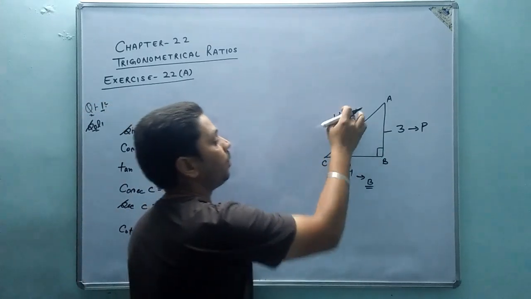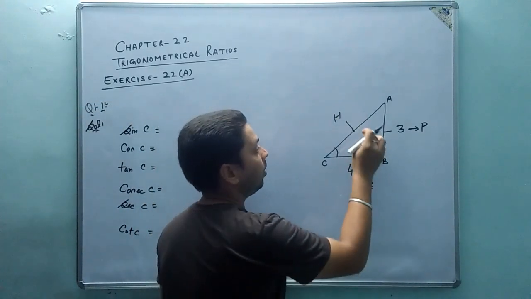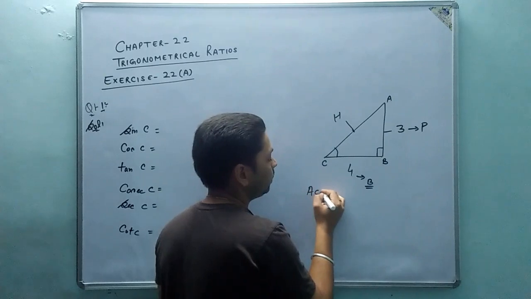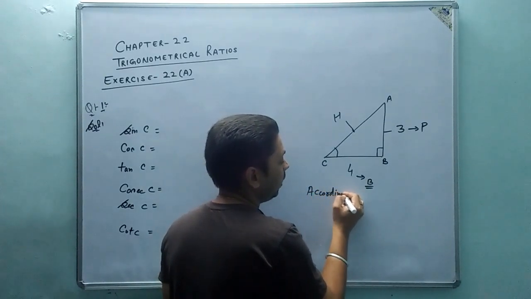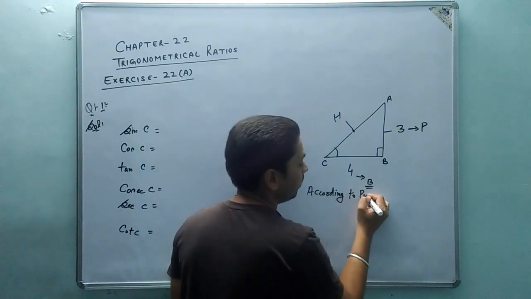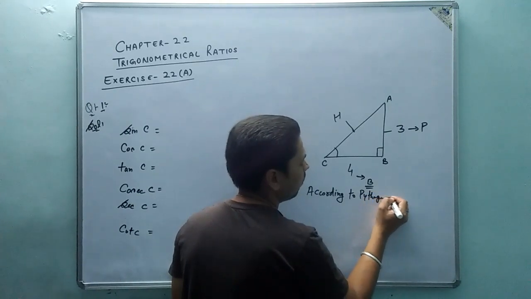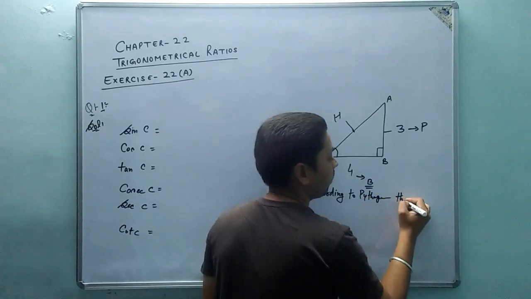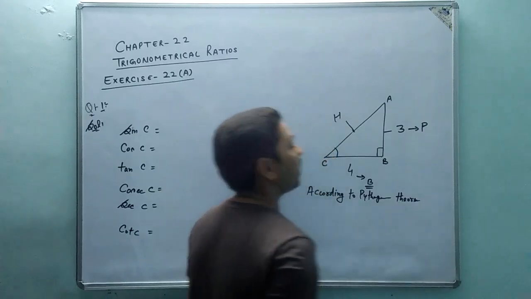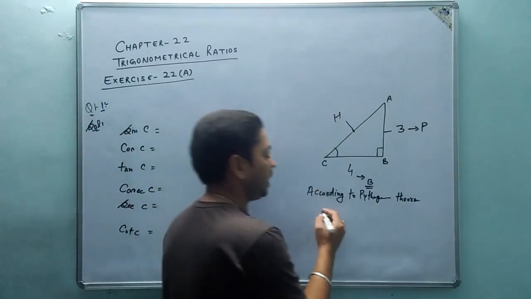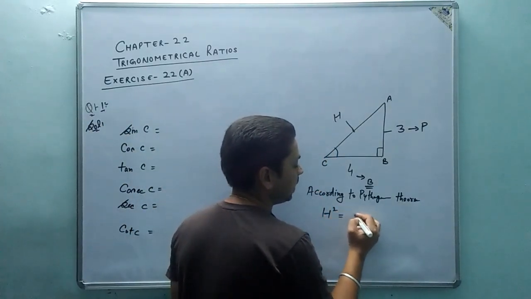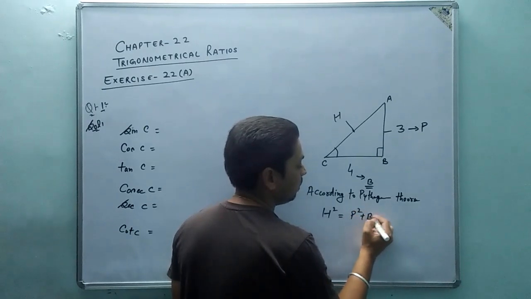So we have the hypotenuse as the longest side. According to Pythagoras theorem, square of the longest side, that is hypotenuse square, is equal to perpendicular square plus base square.